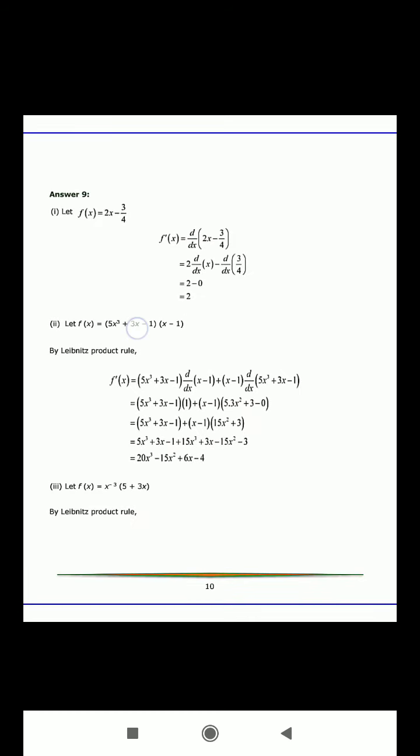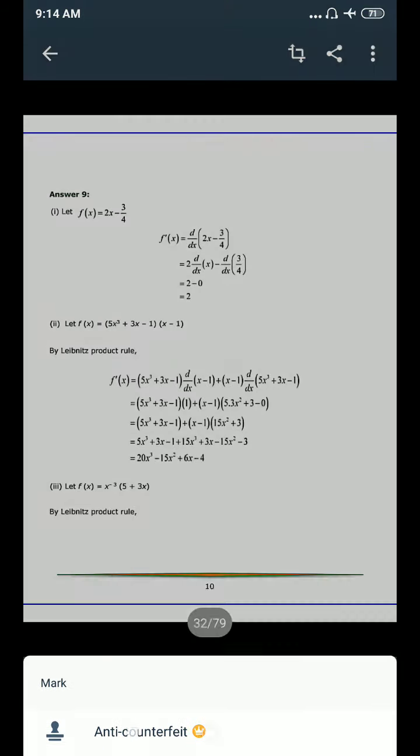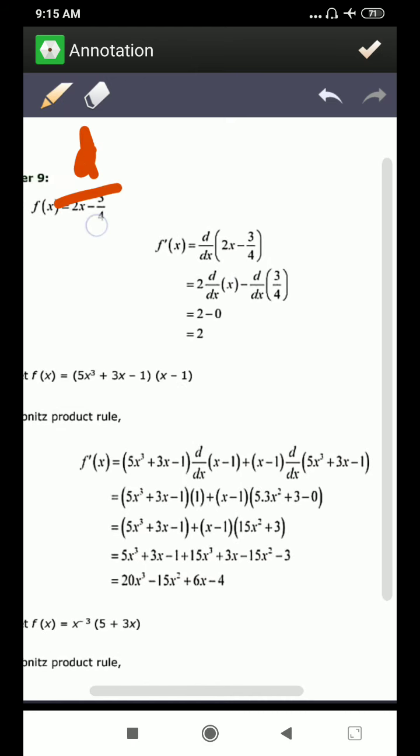Similarly, in this question, we'll use the product rule. Previously I explained the quotient rule, and now this is the product rule. Now what is the product rule? If a product of two functions is given, d over dx of f(x) into g(x), or two functions u and v. How to do it?